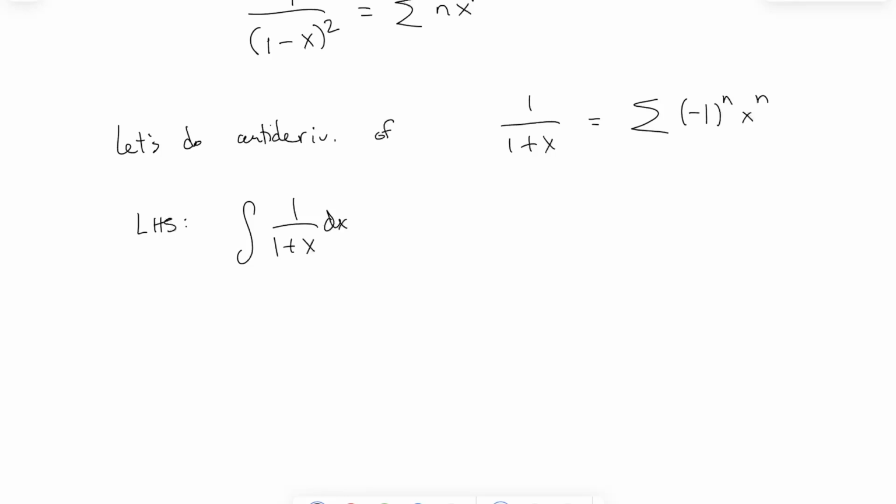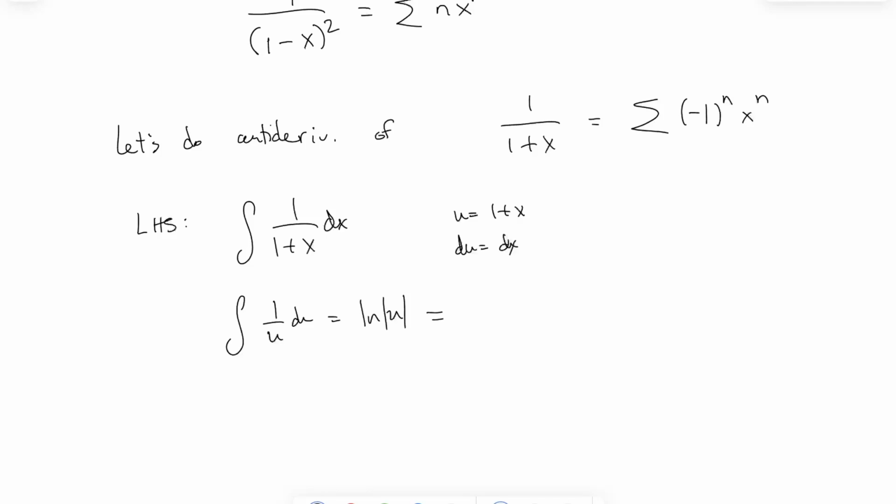Yeah, you can do a u substitution. Call u the thing on the bottom. So u is 1 plus x, and then du is just dx. So this is the integral of 1 over u du, which would be, what is the integral of 1 over u? Somebody shout it out. Yeah, it is ln of u in absolute value, I suppose.